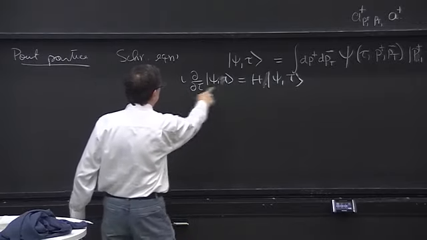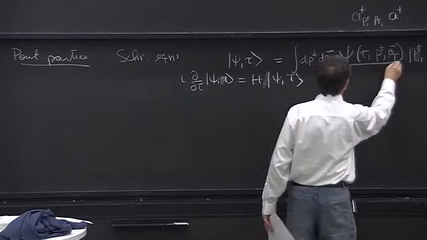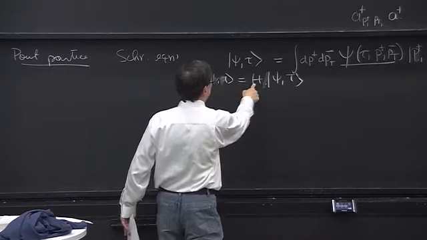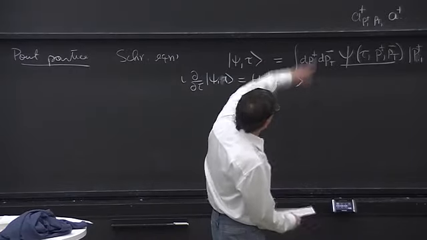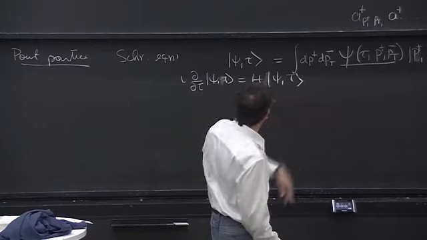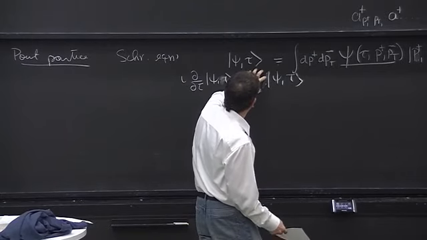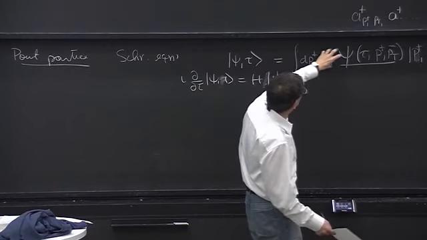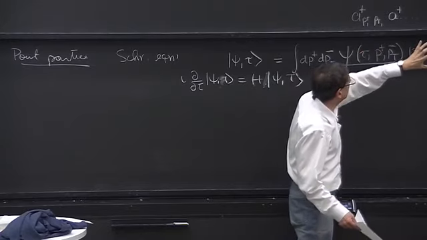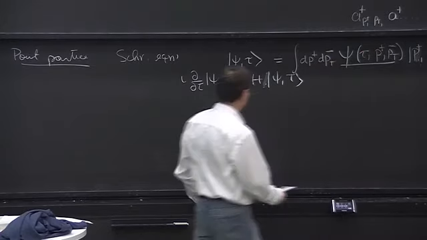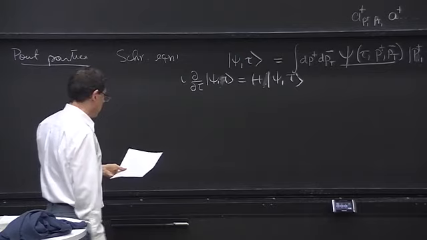If we do d/dτ of this thing, the d/dτ goes into the ψ. The H operator is (p_T² + m²)/2m. So the H operator comes in here, goes through the ψ, doesn't care, goes to the state and puts p_T² + m² over 2m.